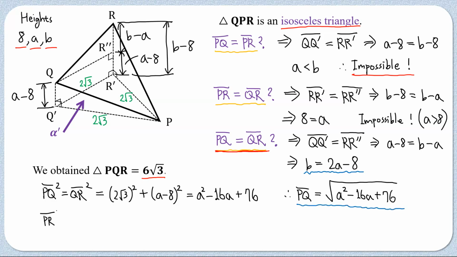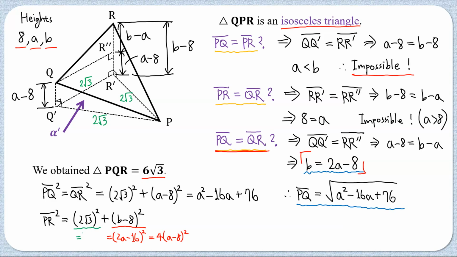And length PR squared is given by 2 square root of 3 squared plus B minus 8 squared. And using B equals 2A minus 8, this B minus 8 squared becomes 2A minus 16 squared. So by taking out 2, we have 2 squared, so 4 times A minus 8 squared.